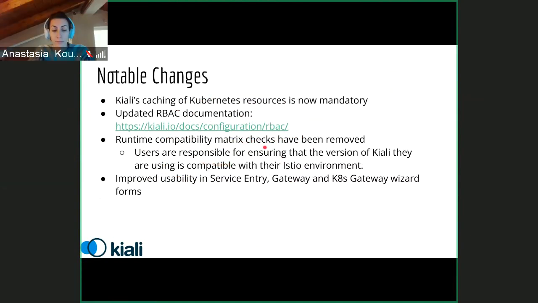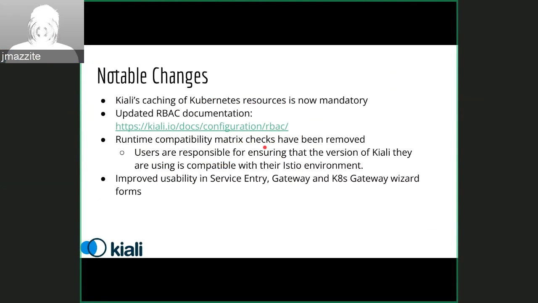In the past, you may have noticed that you would get a message in Kiali if you are running a Kiali version that is not compatible with your Istio environment. That has since proved to be painful to maintain, so we actually ripped out this runtime check for our compatibility matrix. So we still do document compatibility in our Kiali.io documentation.